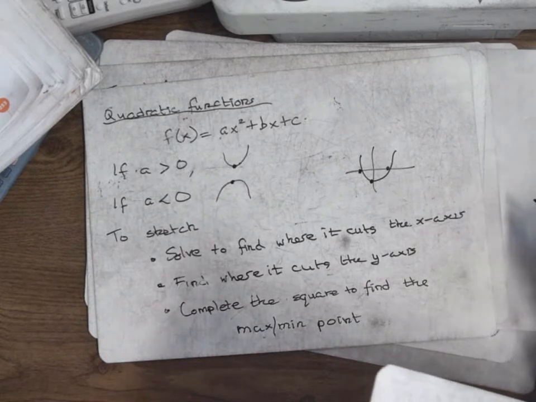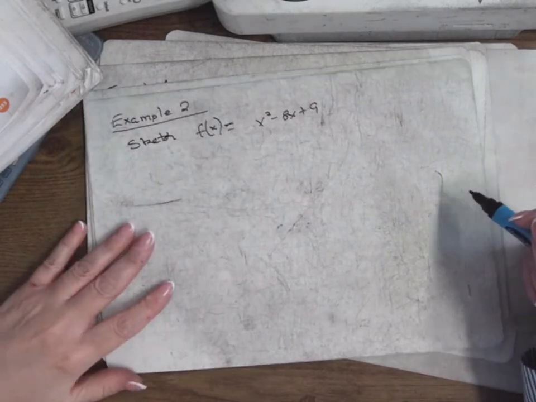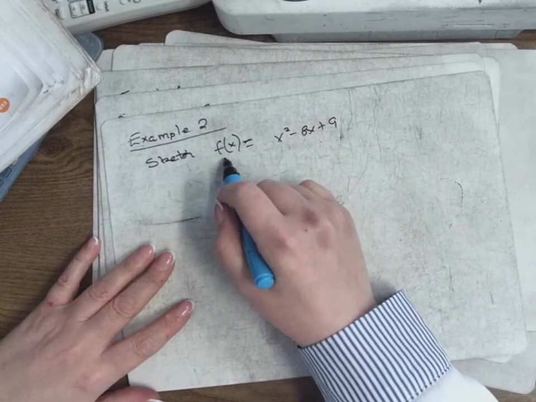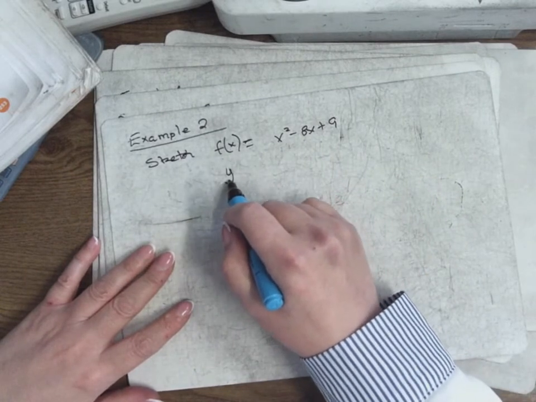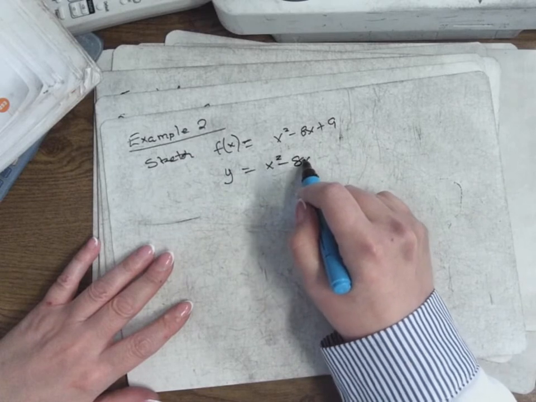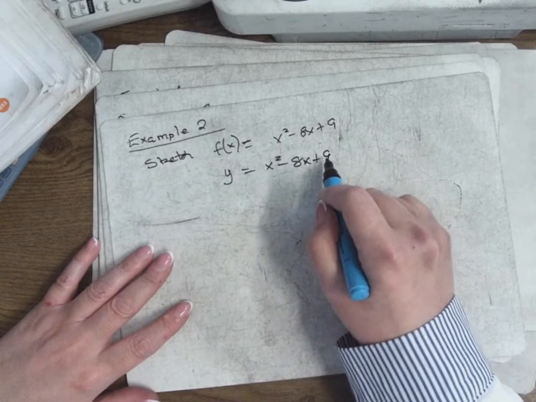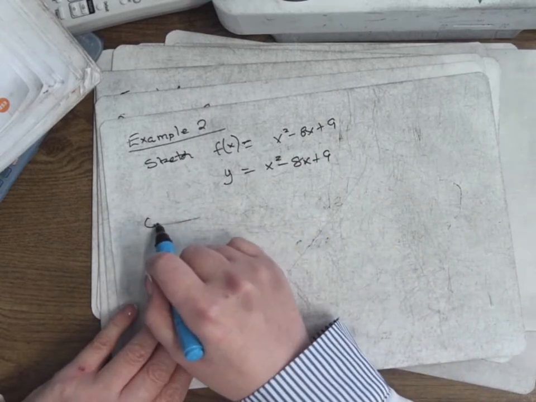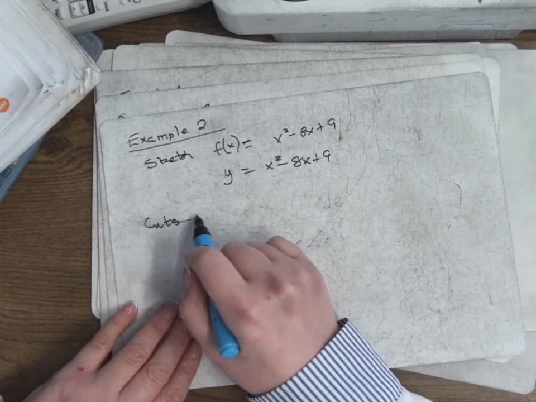Right. Sketch the graph f of x equals x squared minus 8x plus 9. Remember, that's another way of saying y equals x squared minus 8x plus 9. So you want to find out where it cuts the x-axis and where it cuts the y-axis. So cuts x-axis, y is naught.